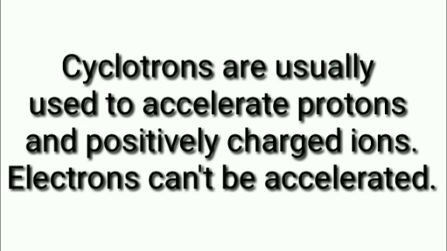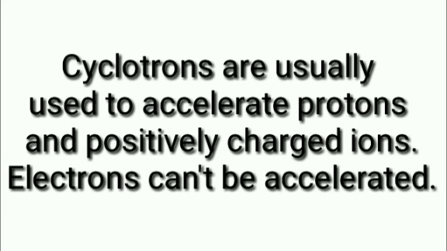Next are the limitations of this cyclotron. Cyclotrons are usually used to accelerate protons and positively charged ions. Electrons can't be accelerated since even at low energy, an electron moves with a velocity comparable to the velocity of light.